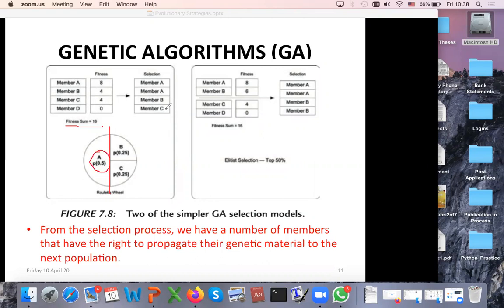So we can understand now that B is 25% here, C is 25% here, and A is 50% here.